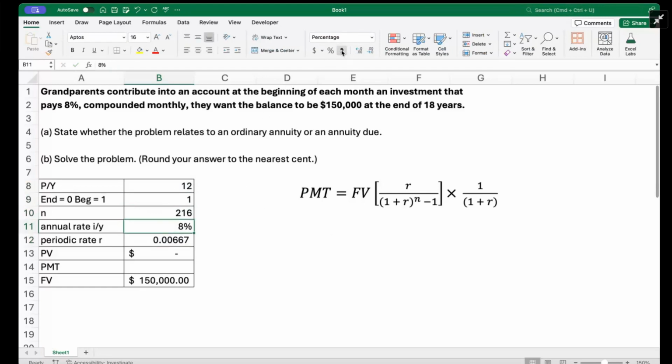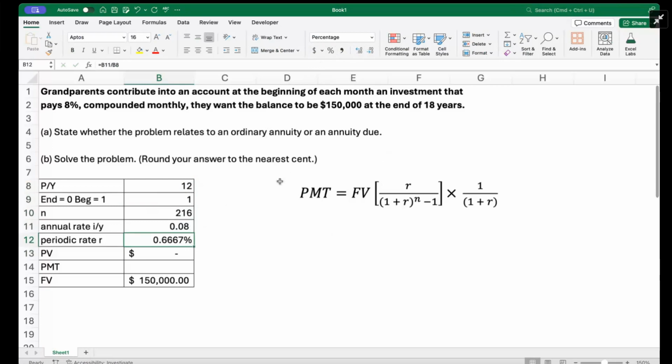But remember, as a decimal, it's 0.08. So if we take 8% divided by 12, what is the monthly rate, or the periodic rate? It's going to be less than 1%, about 2/3 of 1% every month. We can look at the periodic rate as 0.666 repeating, and so you'll need to use decimals.